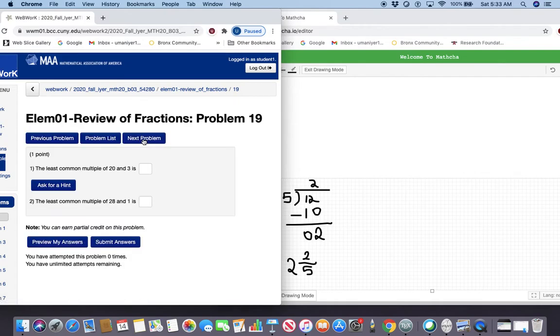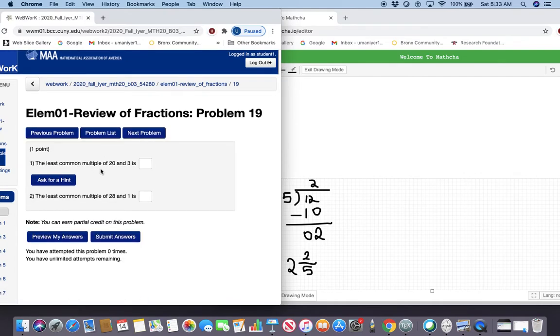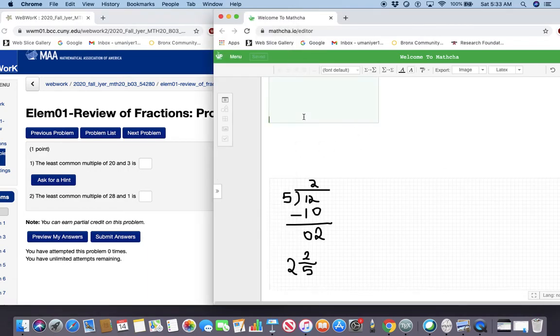Next. The least common multiple of 20 and 3. To find the least common multiple, look at the bigger number, 20. Do both the numbers divide evenly into 20? 20 goes in 20, that's fine. 3 does not go in 20 evenly.